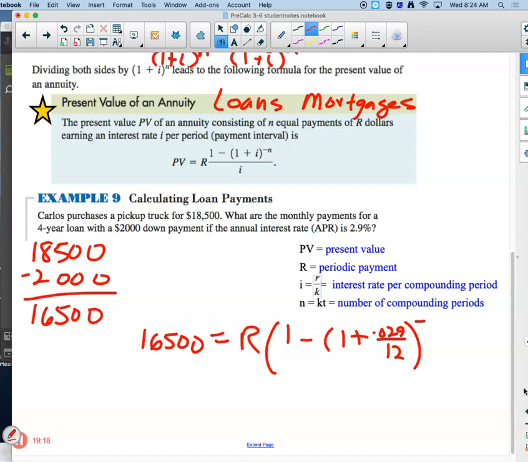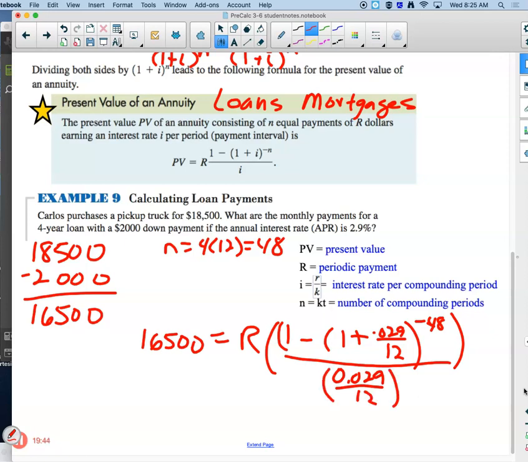So monthly payments, and it says this is a 4-year loan, so that'll be 48. That's our numerator. And that's going to be divided by that I again, which was the 0.029 divided by 12. So again, a lot to keep track of if you wanted to punch it in all at once.